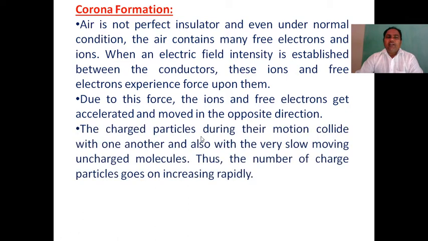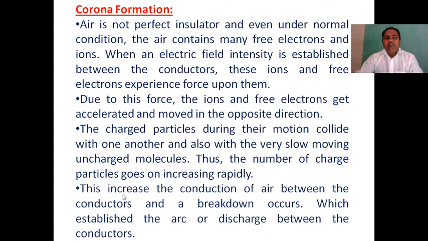The charged particles during their motion collide with one another, and also with the very slow moving uncharged molecules. Thus the number of charged particles goes on increasing rapidly. This increases the conduction of air between the conductors, and a breakdown occurs, which establishes an arc or discharge between the conductors. So it is very clear how corona forms.